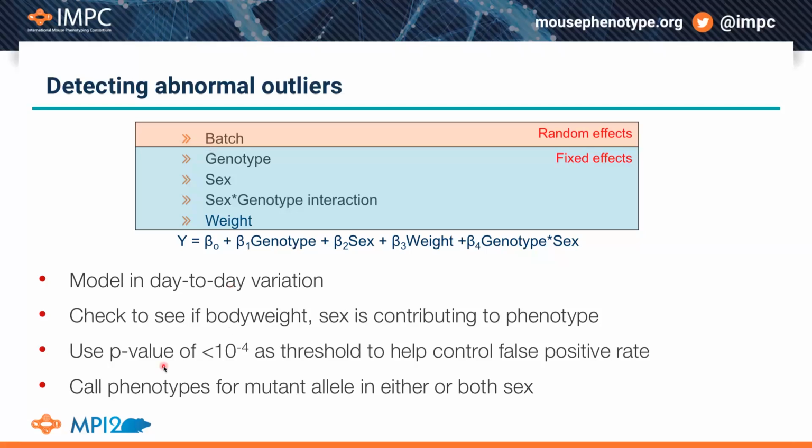We use a p-value of 10 to the minus 4 as a way to control for false positives. This is kind of an empirical threshold, and this is one of the reasons we want to talk to you, because sometimes that's too conservative, and we don't want you to miss experimental evidence that might be relevant to you just because it's right around that threshold.